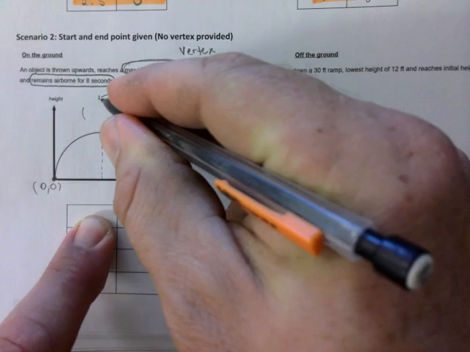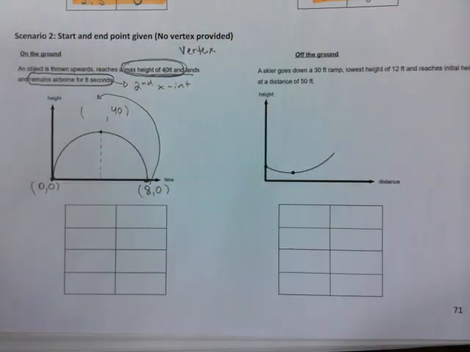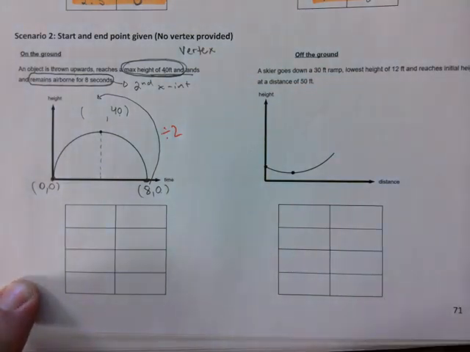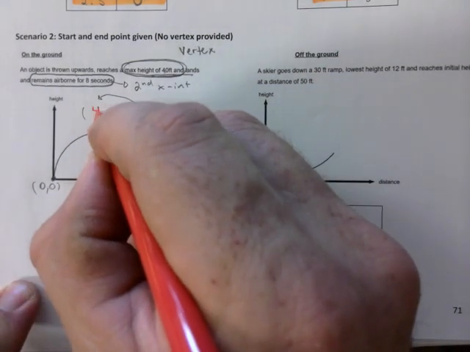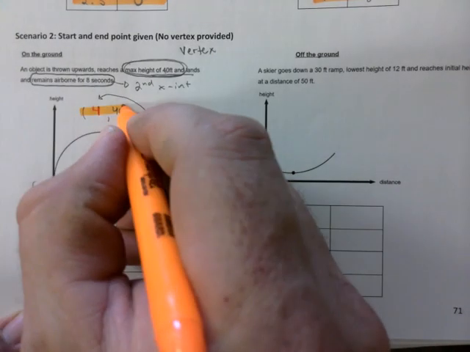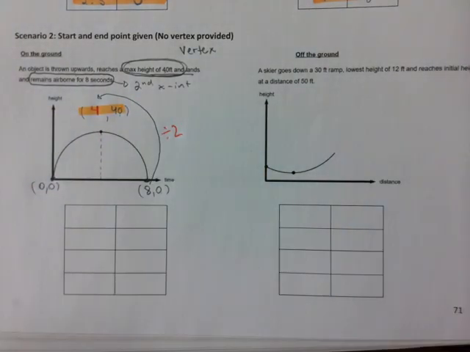So you just have to be very careful. What is this question telling me? You're going to divide that by 2 and say that after 4 seconds, you reach that maximum height. And I'm going to use orange again. So your third point is your vertex in this case.